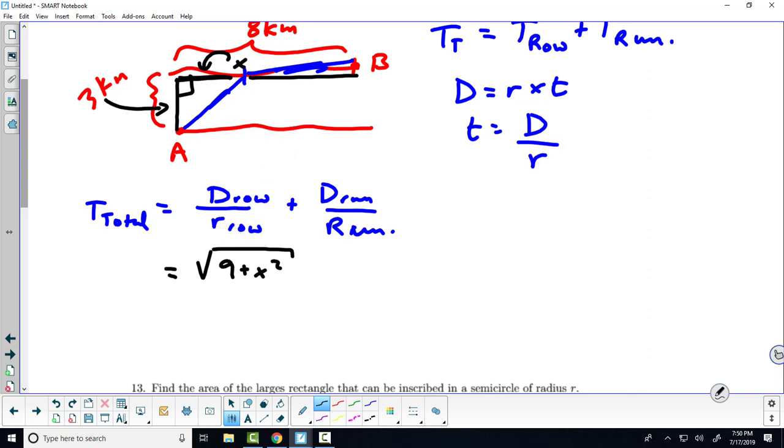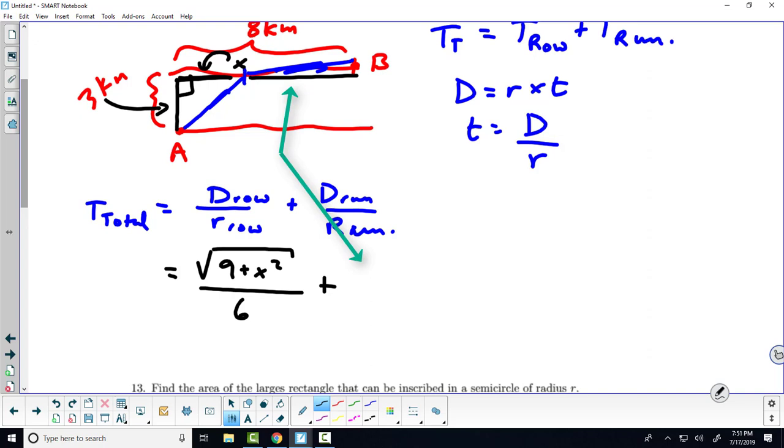All over the rate at which you row. How fast do you row? I think we said that you row 6 kilometers per hour. Plus, if x is the distance where you landed, how far do you have to run?